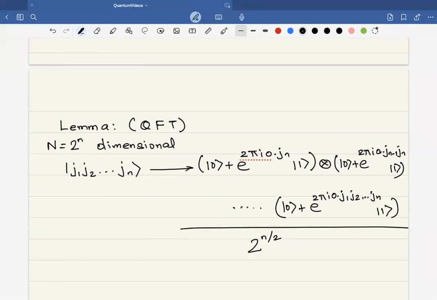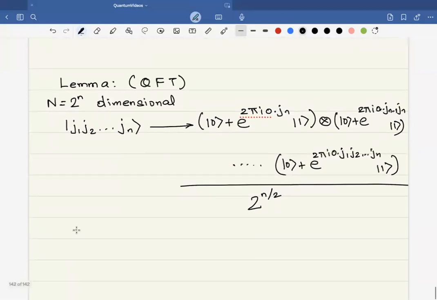Okay, so you might be wondering, what does this 0.jn mean? So jn is either a 0 or a 1. So 0.jn means jn divided by 2. Similarly, 0.j(n-1)jn means j(n-1) divided by 2 plus jn over 2 squared, and so on.